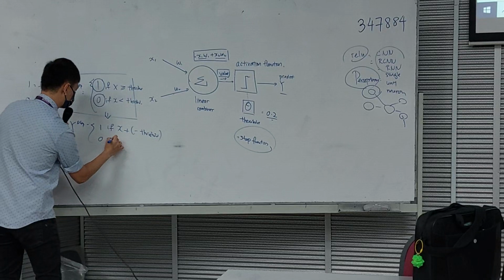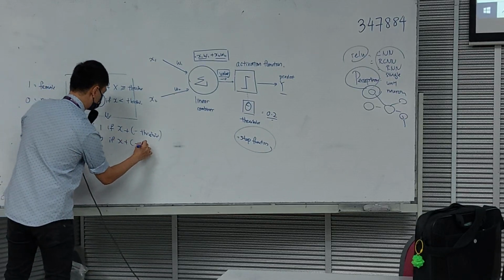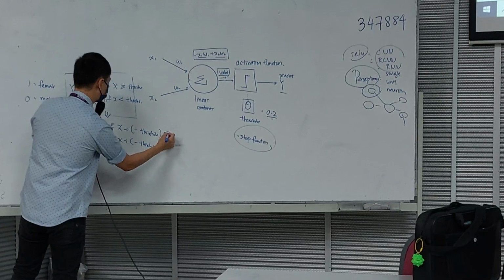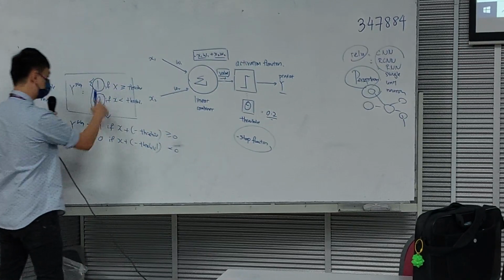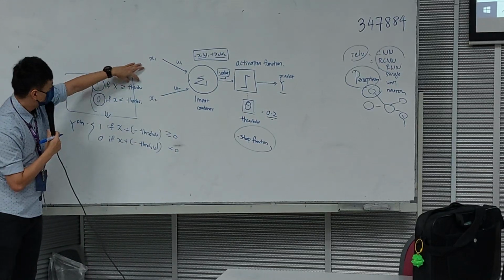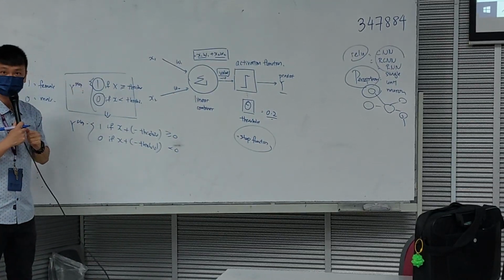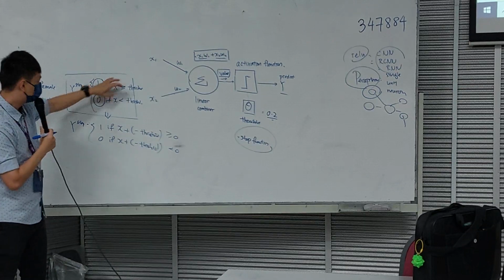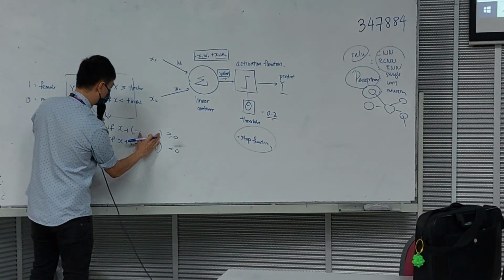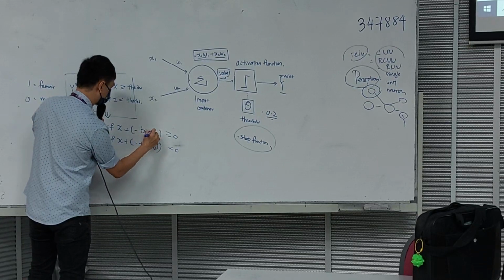So 0 if x minus the threshold is less than 0. They are the same, we just bring the threshold value to the left hand side. But once you bring it to the left hand side, we won't call it a threshold anymore. We will call it bias.